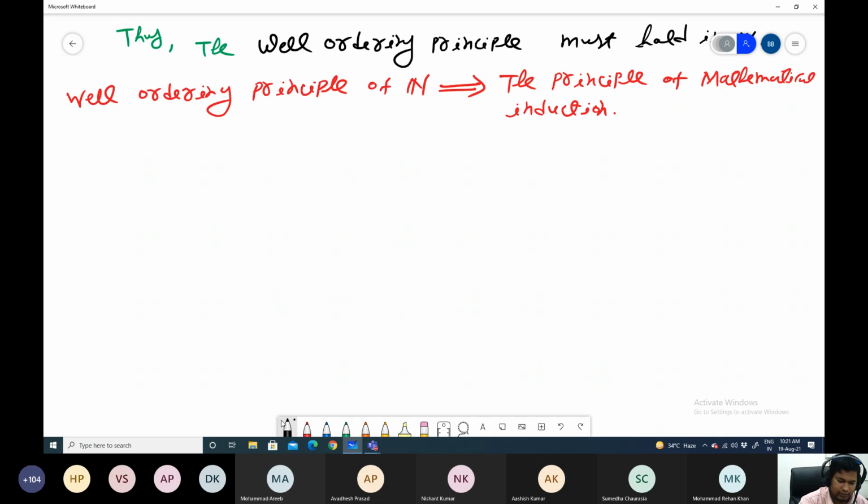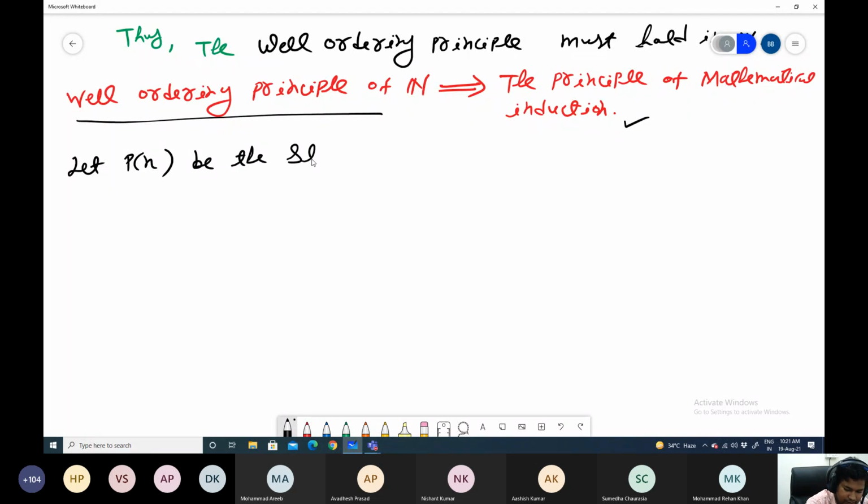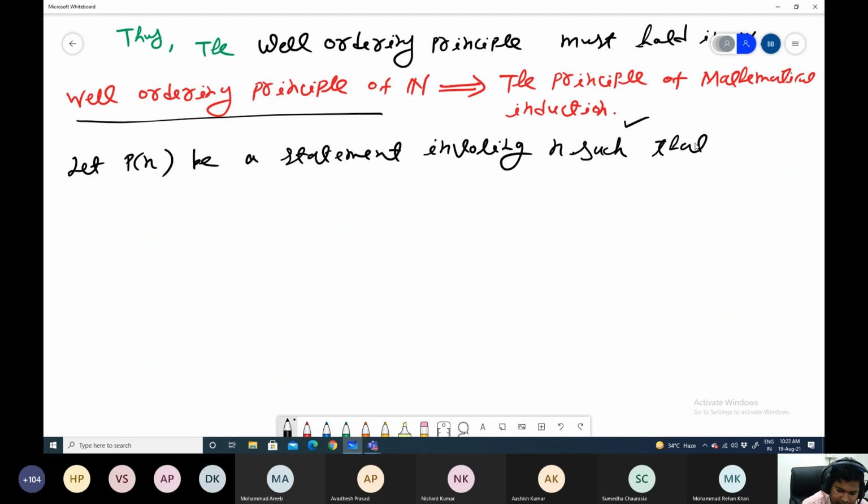Okay. So we assume that part and we will prove that part. So first of all, let Pn be a statement involving n such that we need these two conditions.